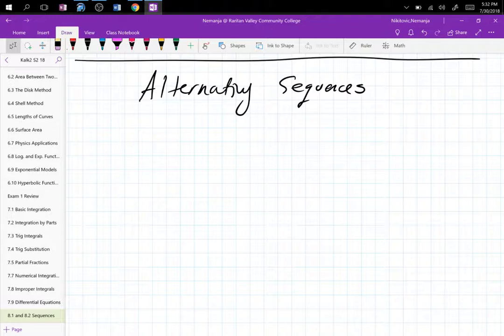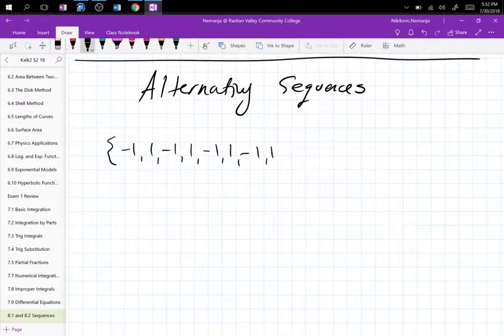Alternating sequences are going to be an ordered list of numbers where you have some kind of behavior repeating. So the quickest example for alternating series would be -1, 1, -1, 1, -1, 1, -1, 1, and then I'll put 3 dots because that is supposed to continue forever.